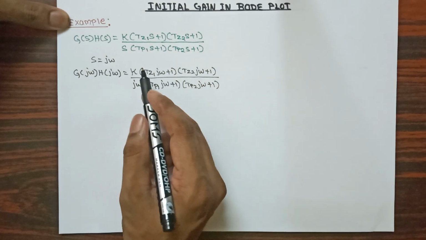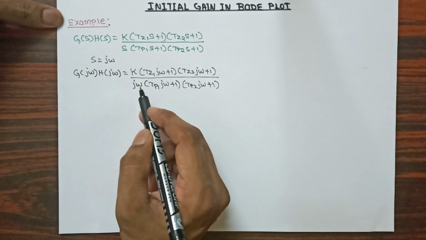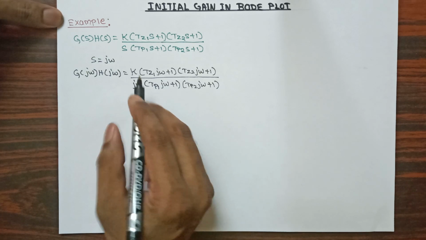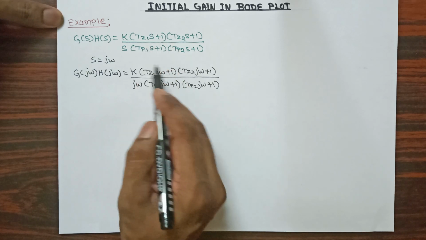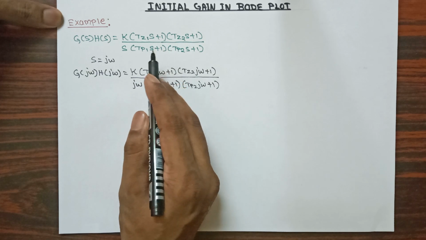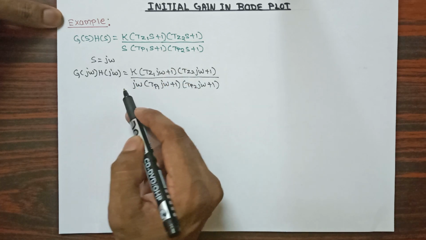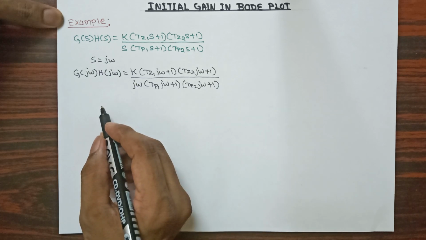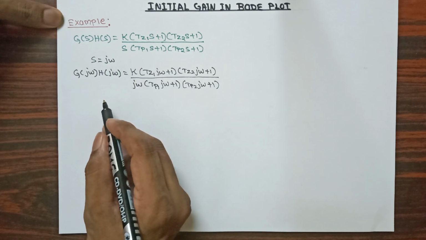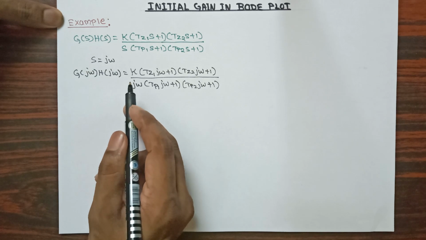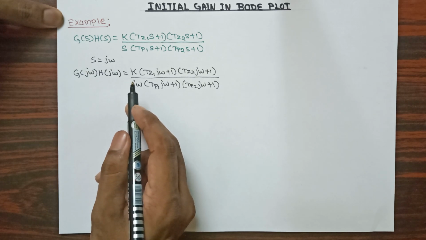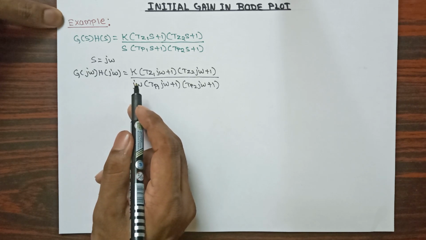So this is the step we need to consider to calculate the initial gain. As I said, first we need to get the given open loop transfer function into standard form, then substitute s equal to j omega, and remember, to calculate initial gain we are going to consider only K, that is the gain value, along with poles or zeros at the origin.